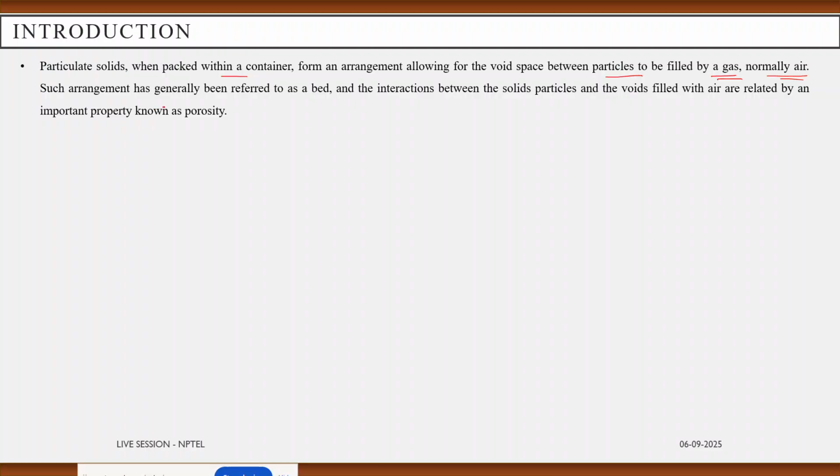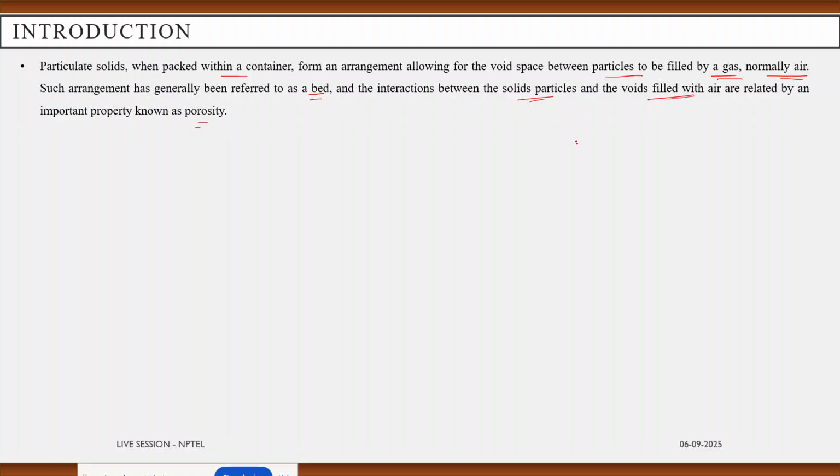Such an arrangement is generally referred to as a bed condition, and the interactions between those solid particulate matters and the void filled with air are related by an important property which is known as porosity.